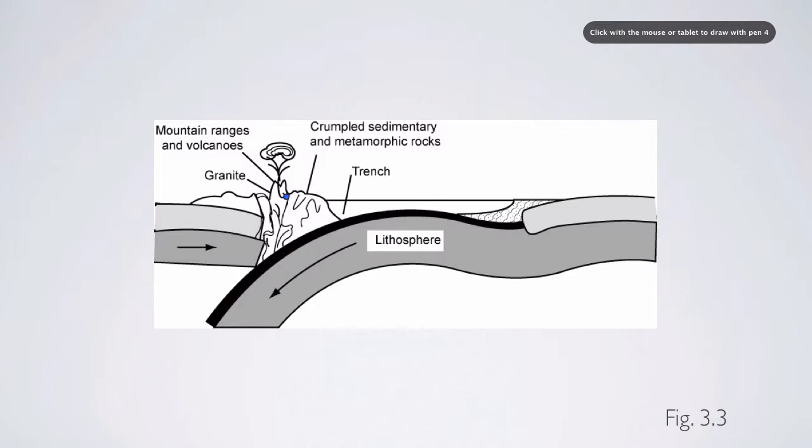The pressure here from the subduction uplifts material, and that gives us mountain ranges. And that magma that's produced often comes out as lava from volcanoes. So we have a trench, we've got metamorphic rocks that are undergoing pressure and heat, and then we've got mountain ranges and volcanoes at that point of collision between the two plates.